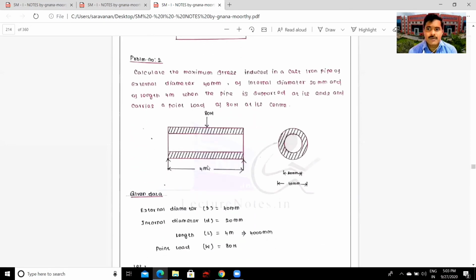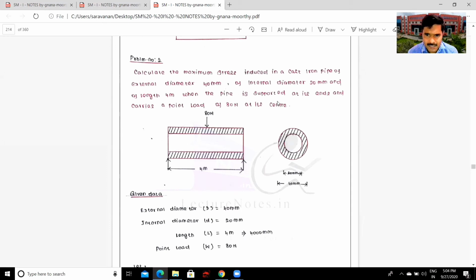Now you can see problem 2. Calculate the maximum stress induced in a cast iron pipe of external diameter 40 mm, internal diameter 20 mm, and length 4 meter. You can see here the length is 4 meter. Right?